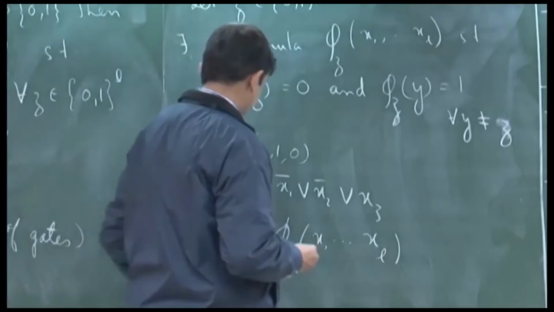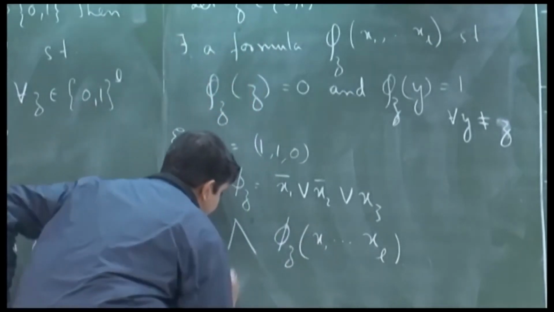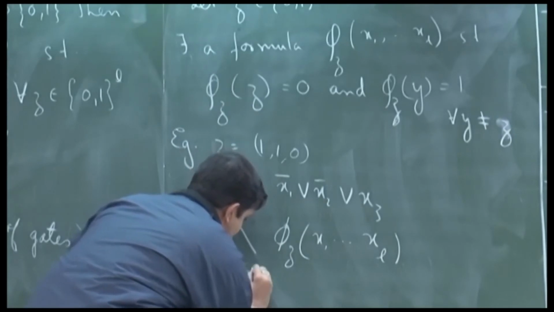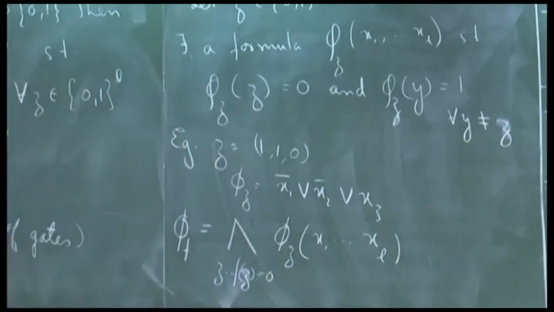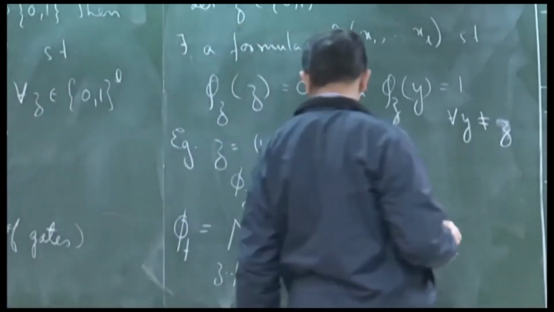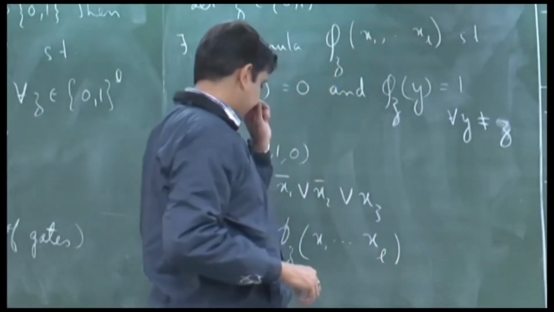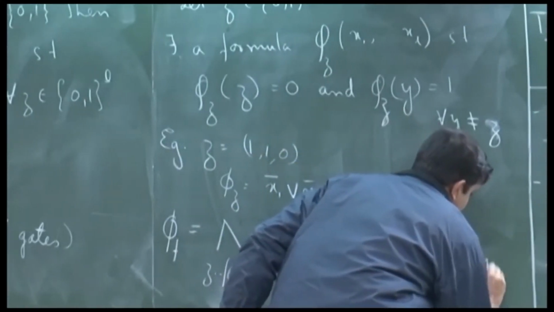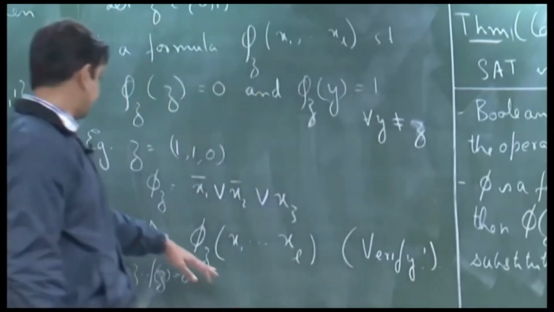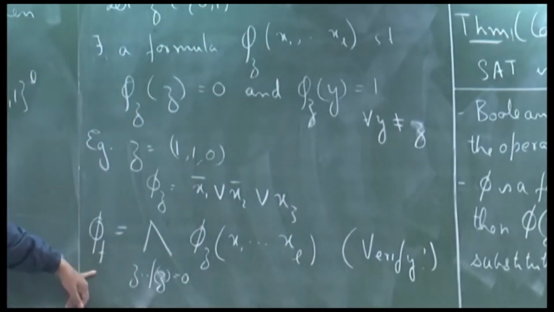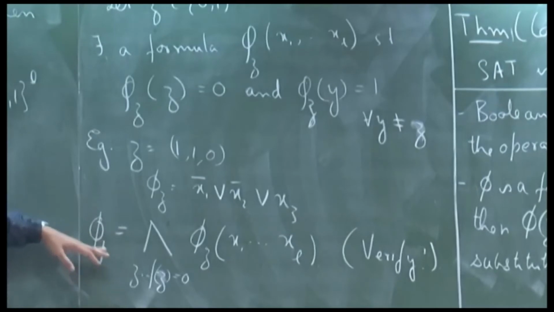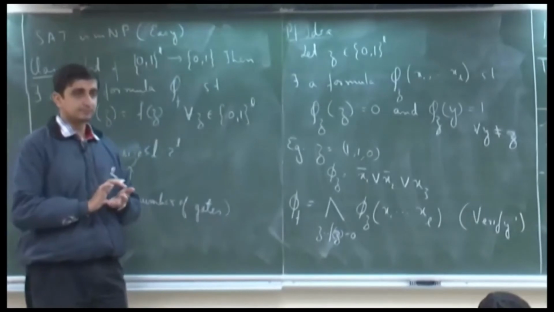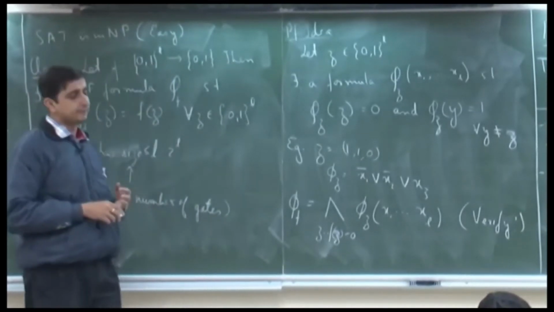We look at all z such that f of z is 0. It is not difficult to verify, I will leave it as an exercise. You can verify that this formula will have the property that for any string of length L, it will be equal to f of that string.